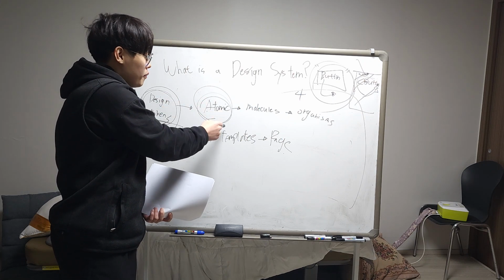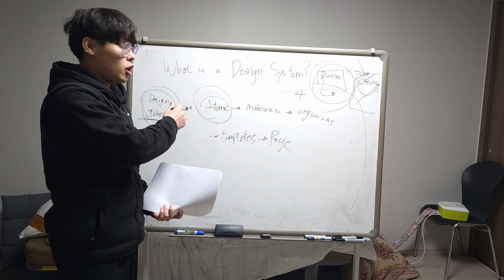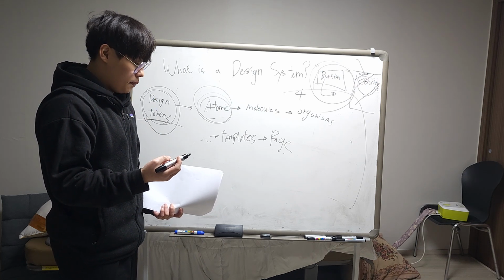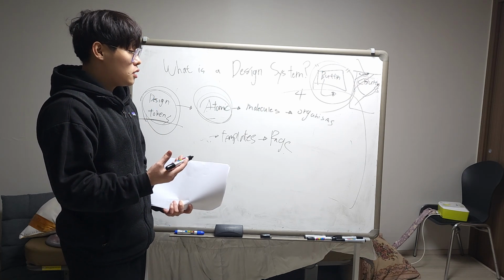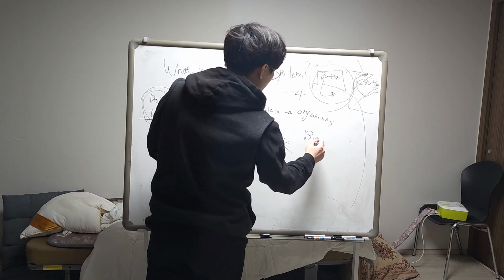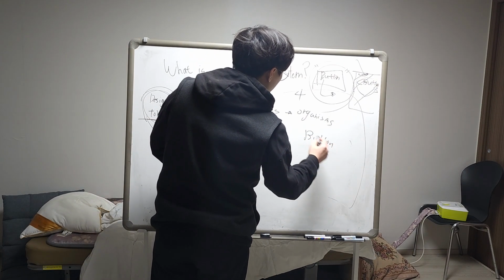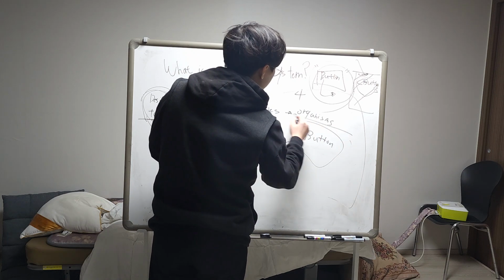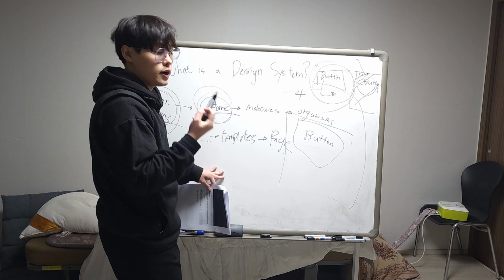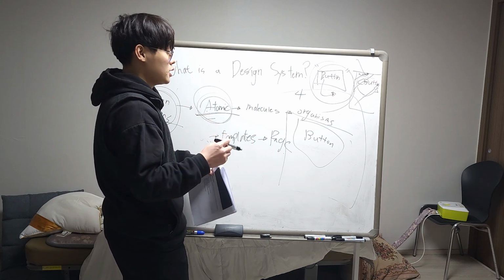And so eventually it will make an atomic component, which could be a button. For example, you have a button. This button is actually an atomic component. It's really small and tiny, and we can just reuse it.